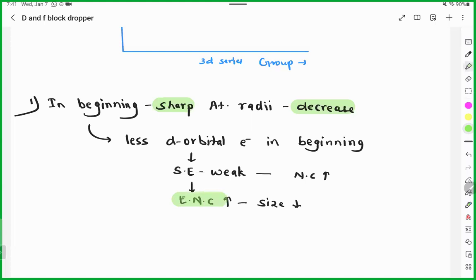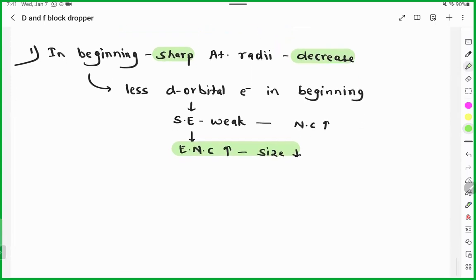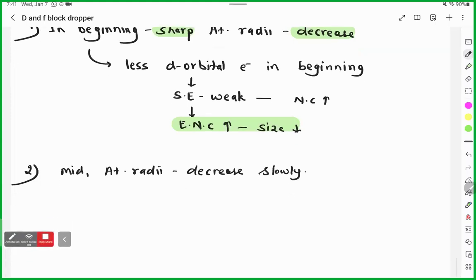Anybody have a doubt in this? Tanya, in the middle, atomic radius decreases slowly. What is the reason? Sir, because of the stable configuration. Same shielding effect and nuclear charge.